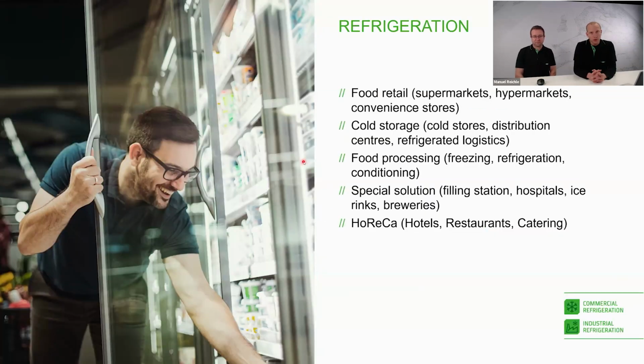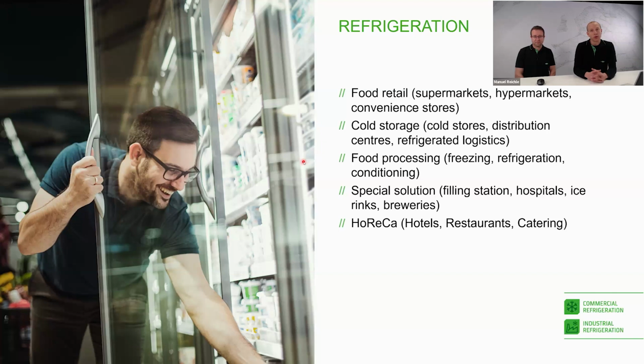Also, we want to focus really on refrigeration, with the 2 cylinders and the smaller compressors. That's more like convenience stores, smaller capacities, and then going up to supermarkets, hypermarkets. Also, industrial applications like storages, ice rinks is a good example.